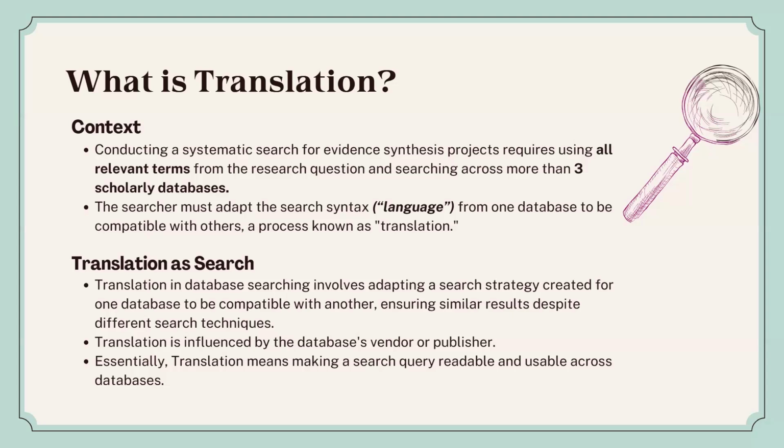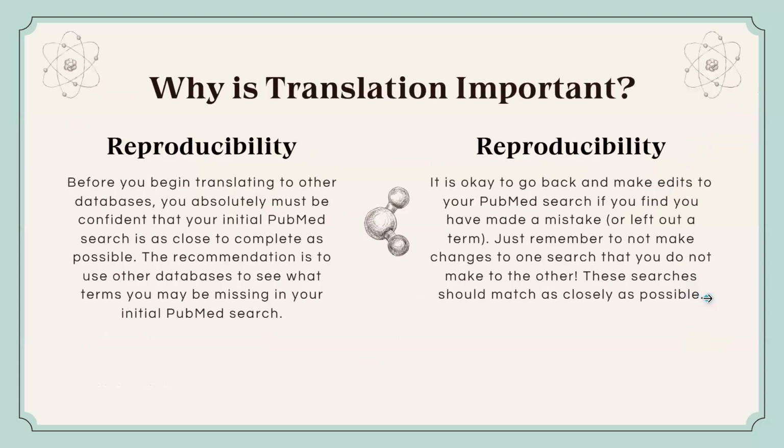And translation essentially means you're making a search readable and usable across a database. So why is translation important? I've talked a little bit about this already. It's important for reproducibility.